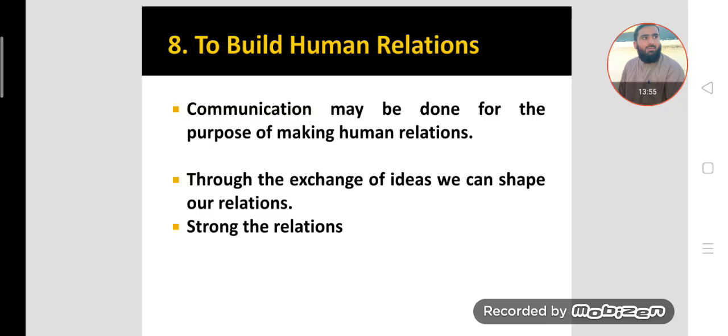When you make calls to that friend on a daily basis, your communication will be strong. Or on a monthly or weekly basis, you can communicate.